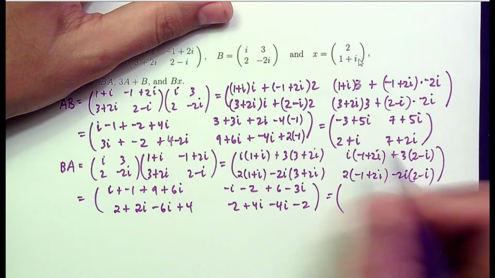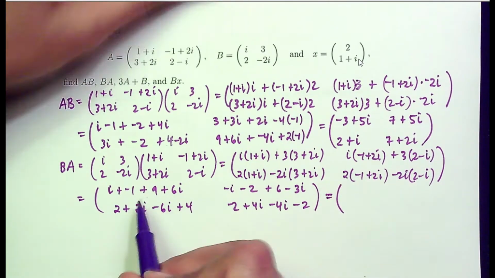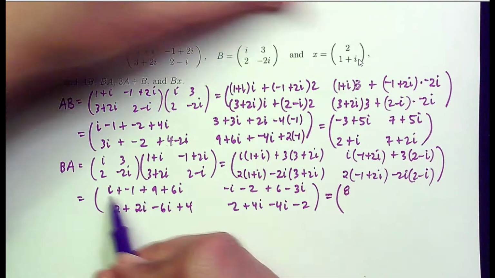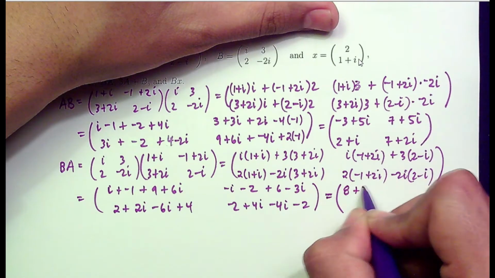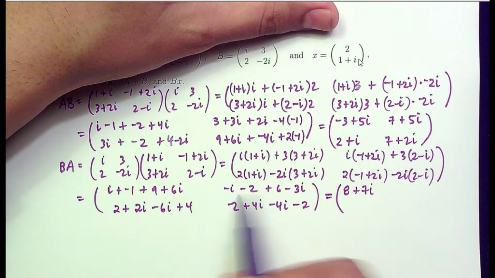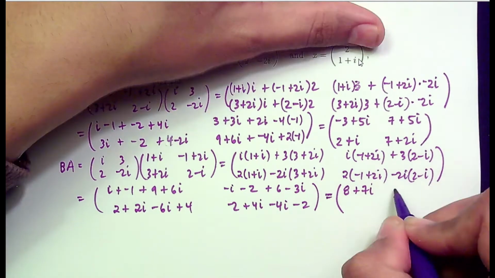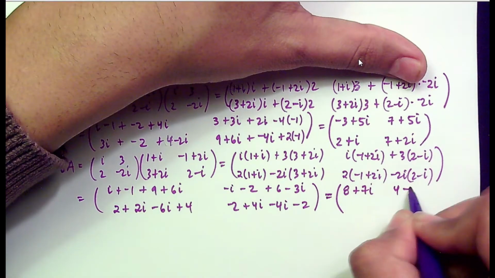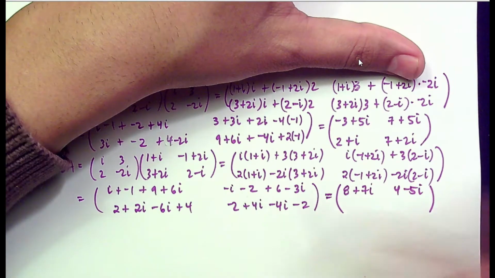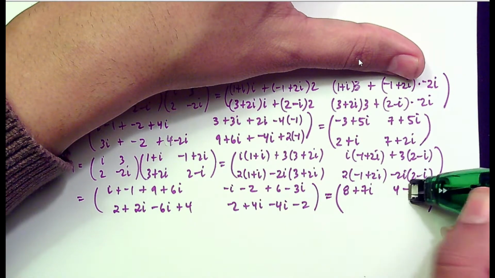And this simplifies to collecting real terms, that would be 8. i and 6i, that would be 7i. Collecting real terms here, that would be 4. And imaginary parts, that would be a negative 4i.